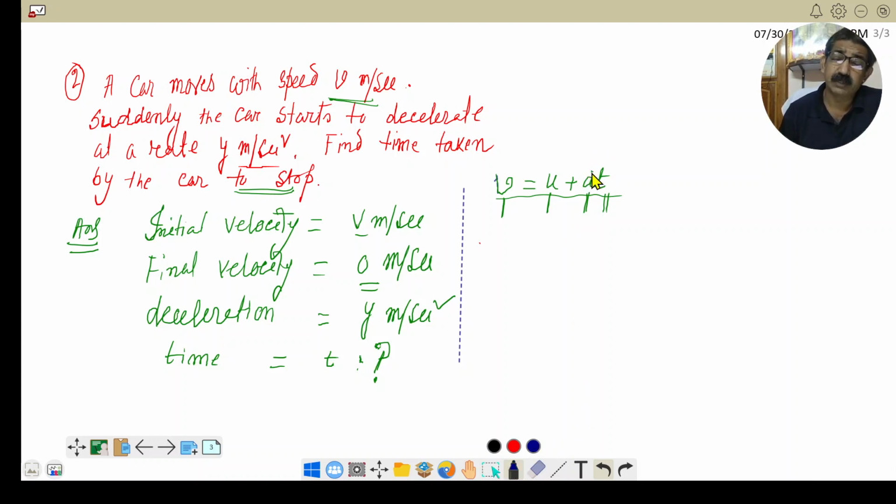So it is a new concept to you. So I am writing here, A is equal to acceleration, or A may be deceleration.